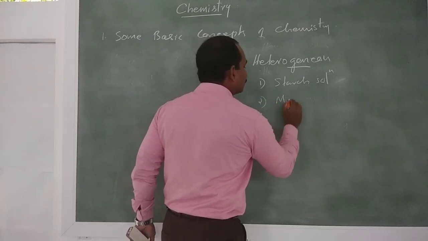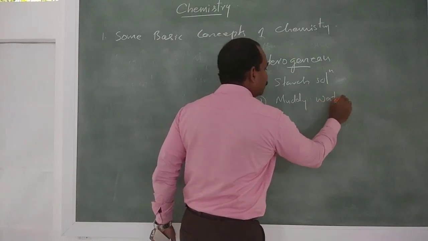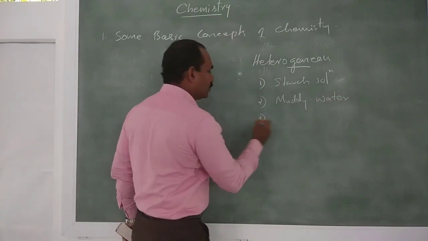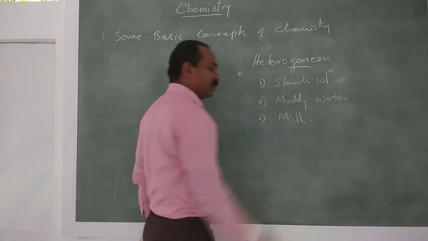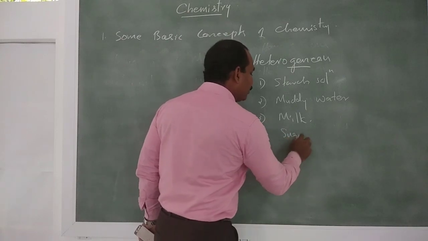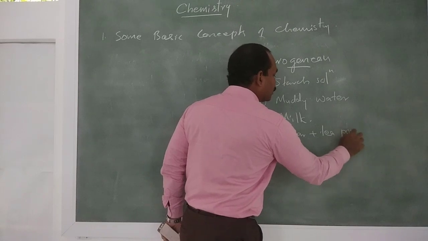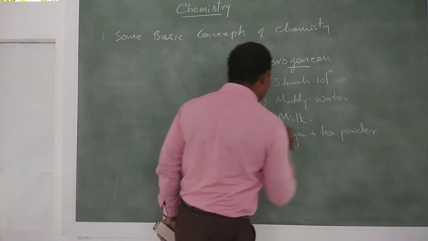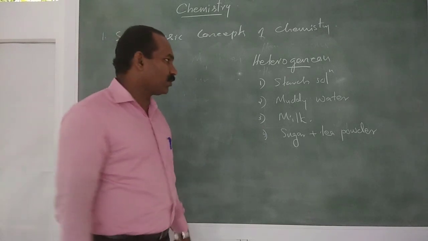Second one is muddy water or mud. Third one, you can take milk. Milk is a heterogeneous mixture. Then sugar and tea powder, sugar plus tea powder. And you collect more examples, and write them in your notebook.